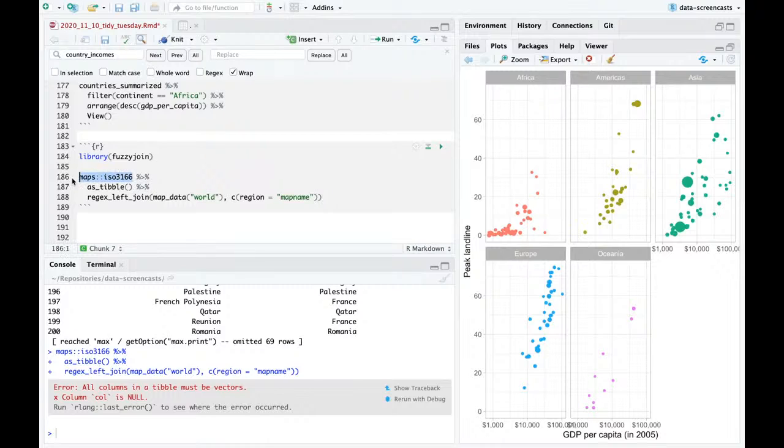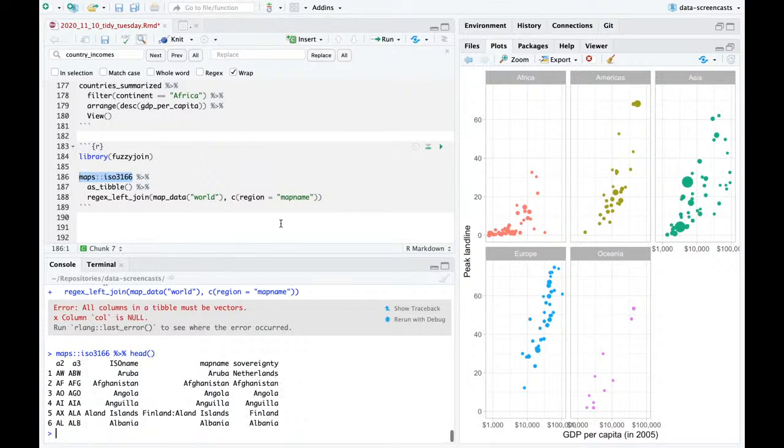I did region, but I did that backwards. It's actually map name to region. Oh, but you notice this is the regex. Look at me, I'm doing it backwards. Regex left join is saying let's compare all of these and keep the ones that match, where the right one matches the regex.